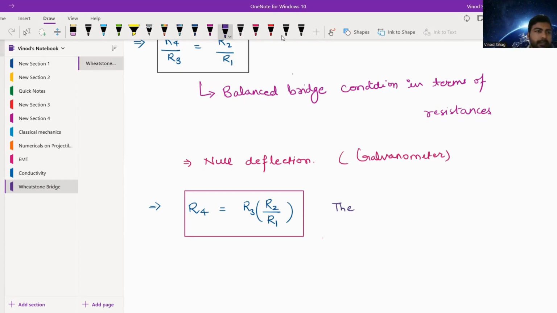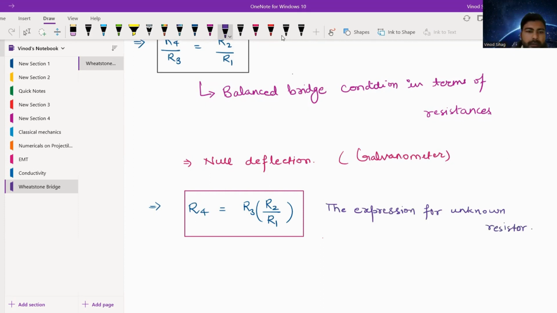Let me write here the expression of the unknown resistor.